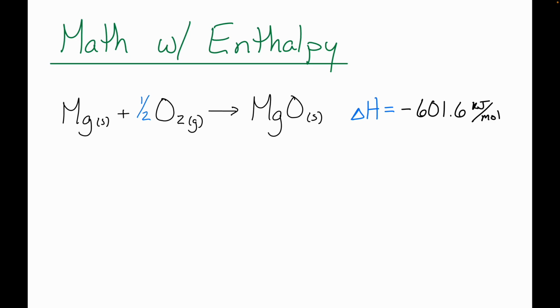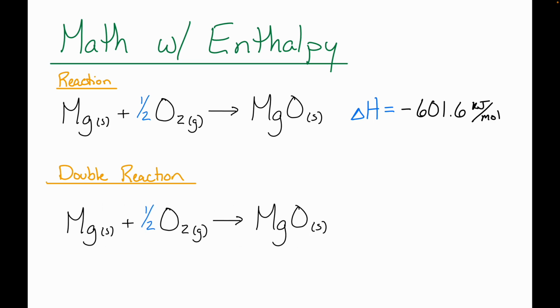Okay? So this is our reaction here. All right, now I'm going to take this reaction and I'm going to double it. Meaning I'm going to take this entire chemical equation here and I'm going to multiply everything, all of those coefficients, by 2.